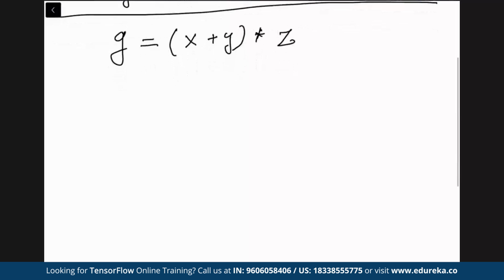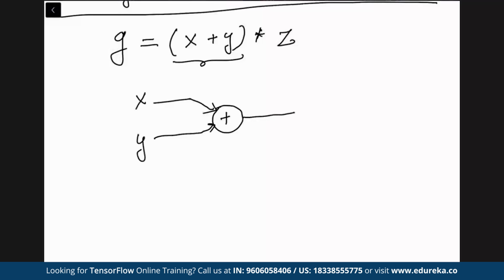If I have to put this in a computational graph, first off, we'll have this node, right? Let's go by the BODMAS rule, so it will be brackets first. We'll put the brackets over here, and the operation within this is plus, and we'll give this x and y. The output of this is p, and this p represents x plus y.